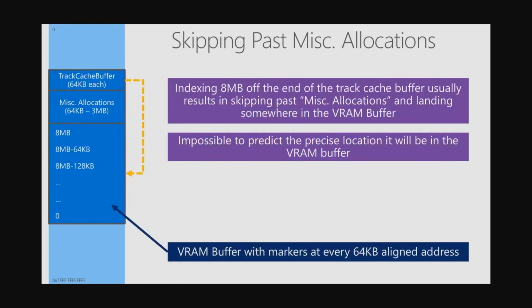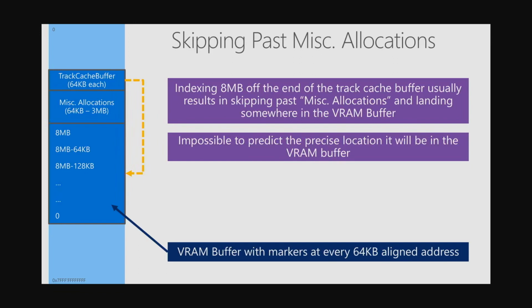The next thing I noticed is that since those miscellaneous allocations never seemed to be bigger than 3 megabytes, but the VRAM buffer is 8 megabytes big, I could just index 8 megabytes off the end of that track cache buffer, and I would land somewhere in the VRAM buffer. Now, I have no way to know exactly where I'm going to land in it, but I will land somewhere in it.